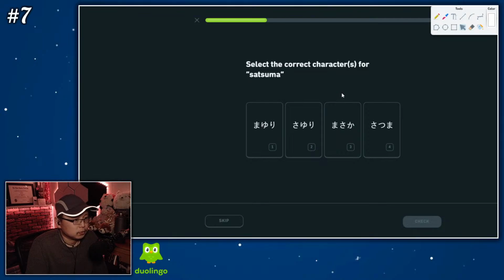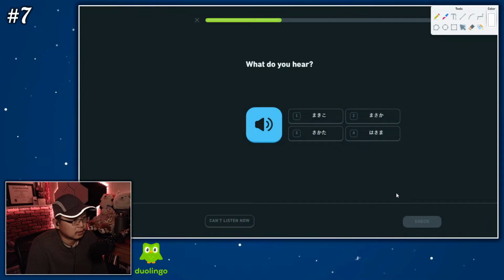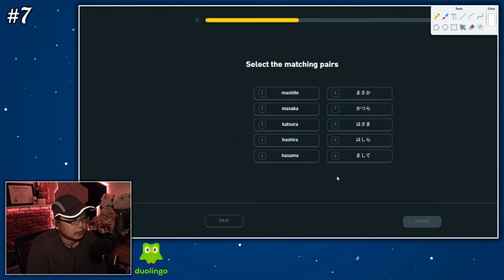Satsuma. 薩摩. Masaka. まさか. Okay. Katsura. かつら.